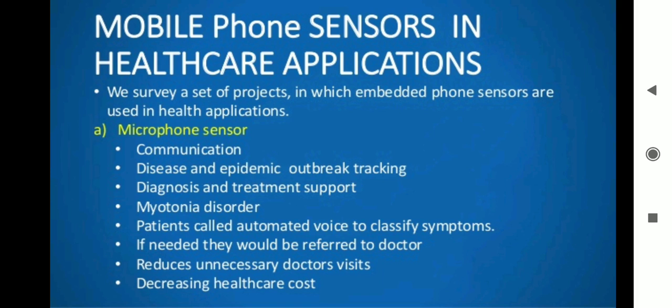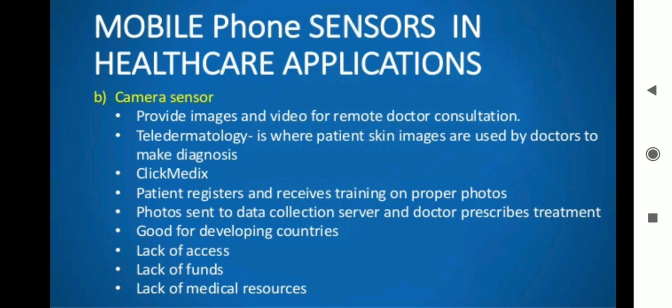Then the speaker. A speaker is an audio sensor that detects electrical signals and converts them into sound signals. Then next, the camera. A camera is also a kind of sensor, and it can be modified to become a microscope. It is also called an image sensor.